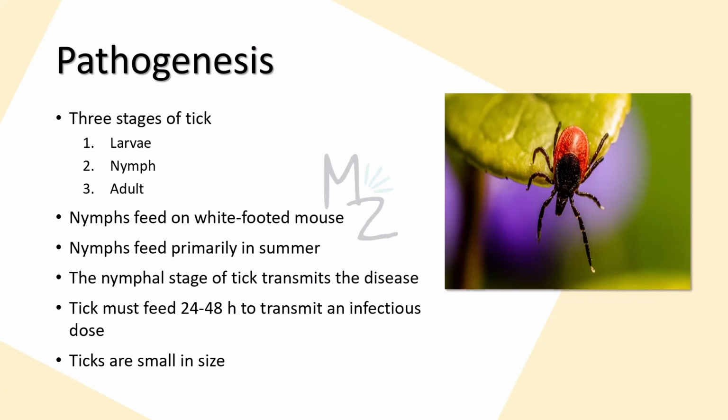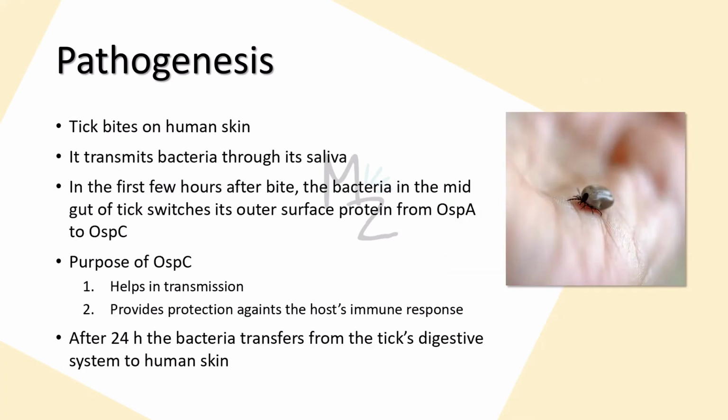Ticks are small in size, and it is really hard to notice them. When ticks hatch as larvae, they are uninfected. But when they feed on an infected host, they get Borrelia burgdorferi, and then they become vectors for transmitting the infection. Tick bites on human skin, whether hand, face, or legs.